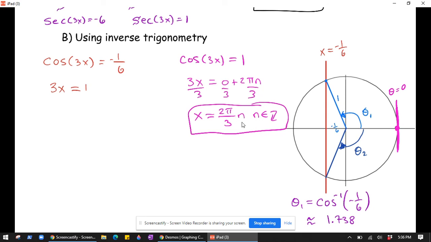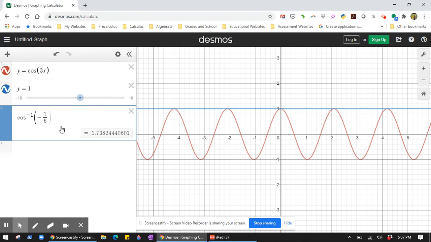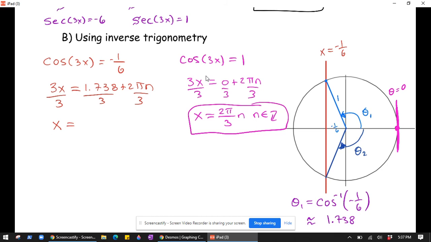So I've got 1.738 plus 2 pi n, and then dividing by 3. This will give my first family 1.738 divided by 3. I'm just going to take this and divide it by 3. You'll get 0.579 plus 2 pi over 3 n.